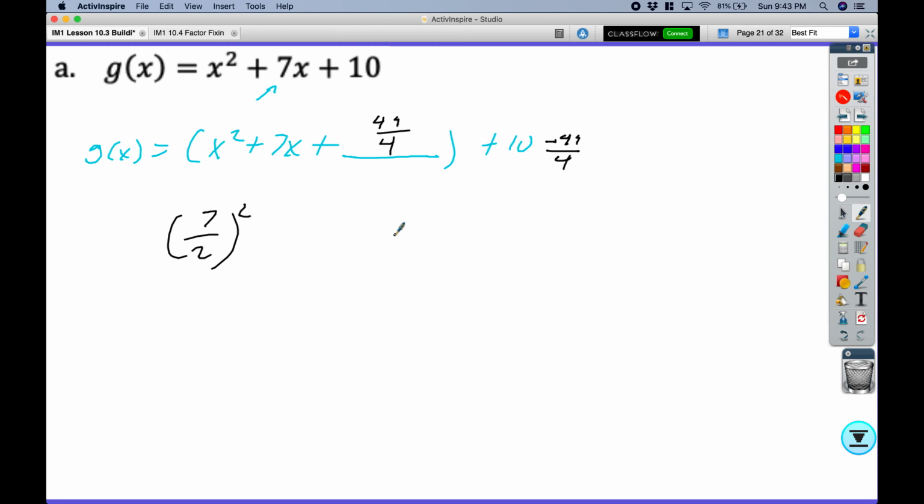So then I'm going to have this new equation, x plus 7 over 2, parentheses squared. And then I have these values. Well, let's convert these to fractions. This is 40 over 4 minus 49 over 4, which gives me negative 9 over 4. That's what g of x equals. Okay?